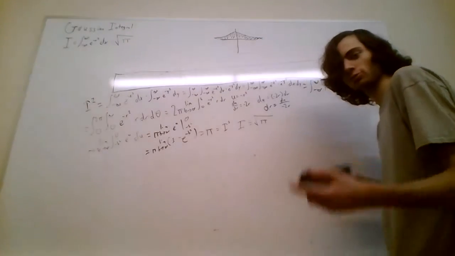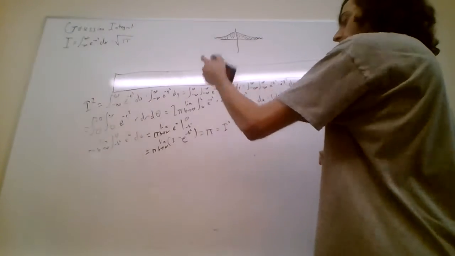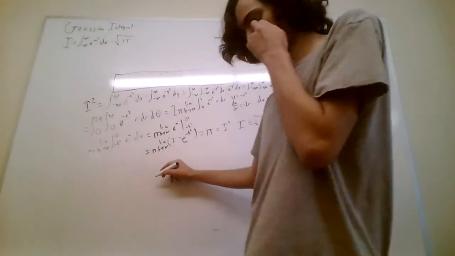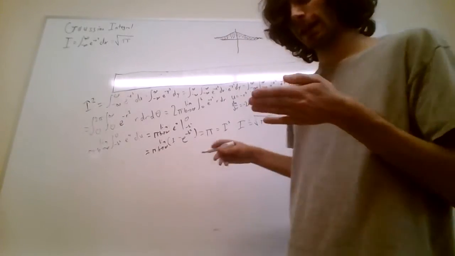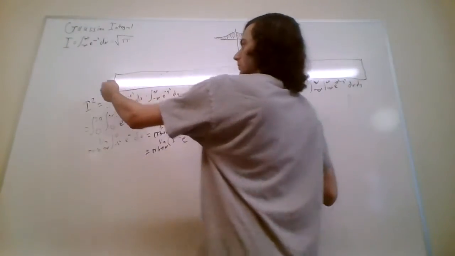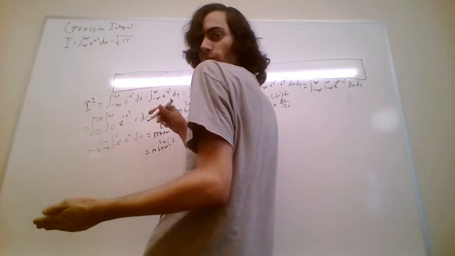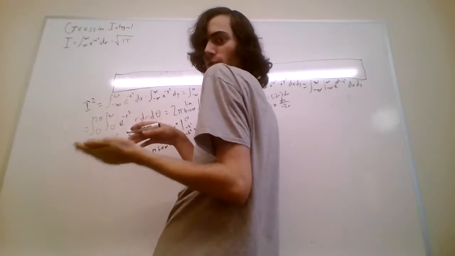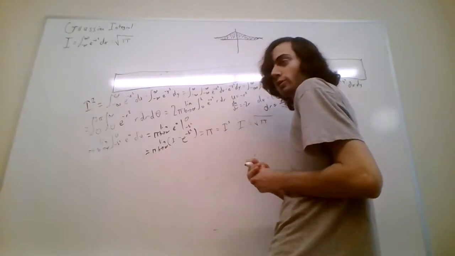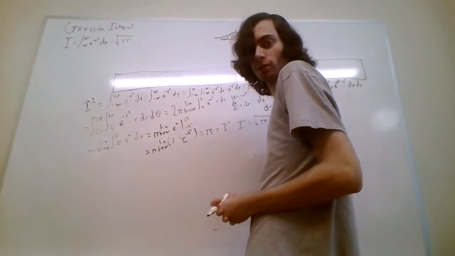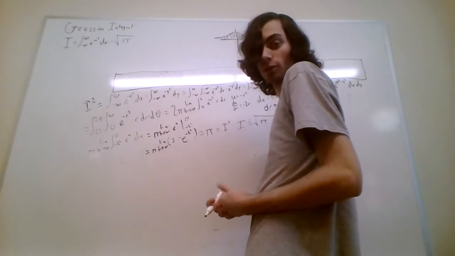I'll show you a few examples of why this integral is important. First, the error function. Basically, the error function is like this integral, but instead of being bounded from negative infinity to infinity, it's just from negative x to x, where x is the input of the error function, and it's also multiplied by 1 over the square root of pi, so the curve is normalized.